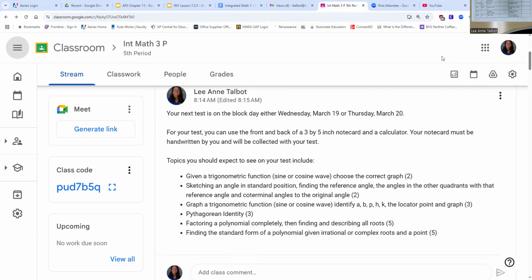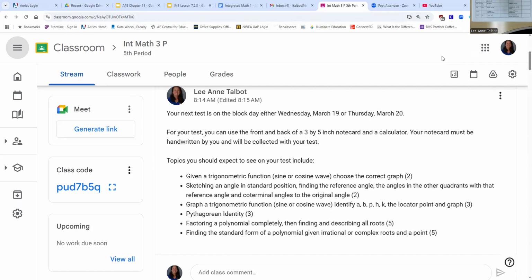For your test, you can use the note card and calculator. Here are the topics. Given a trigonometric function, I put in parentheses, that means a sine or cosine wave. Choose the correct graph. So it's a multiple choice question: you have an equation, you have to work it through and figure out which graph is correct.